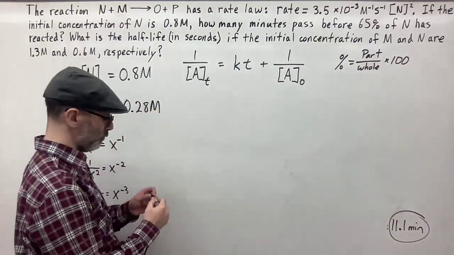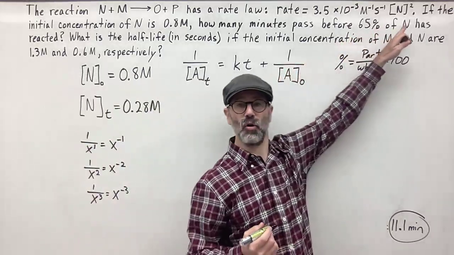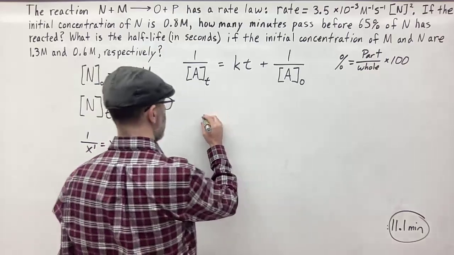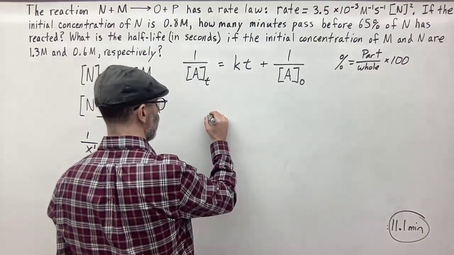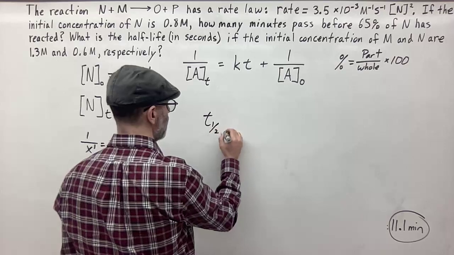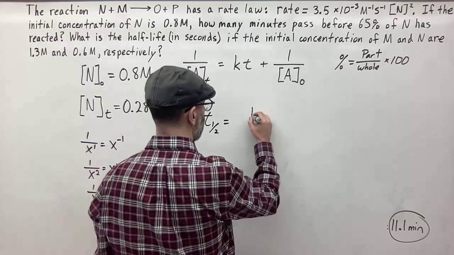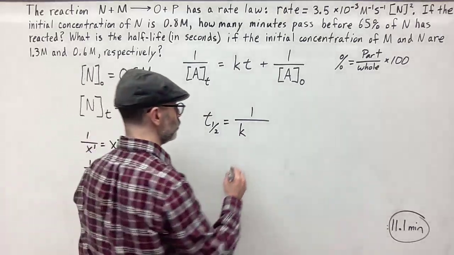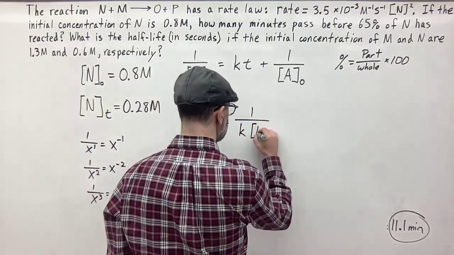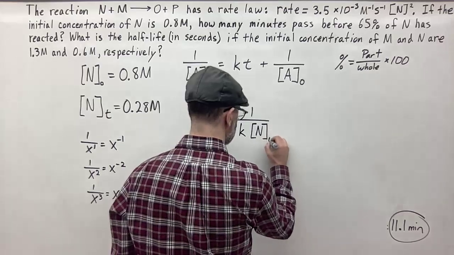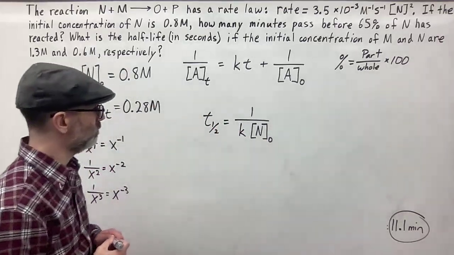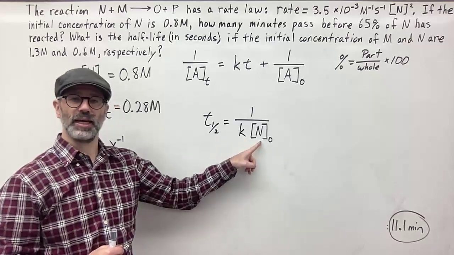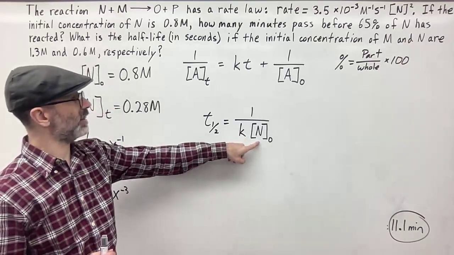Now for the half-life equation, since we have a second order with respect to N, then we are using the second order half-life equation. Okay, so t 1/2, that's the half-life, is going to be equal to 1 over the rate constant multiplied by the initial concentration of N. So all we need to do to figure out the half-life is plug in k and plug in the concentration of N that they gave us.